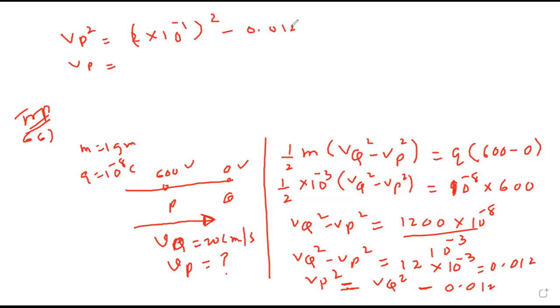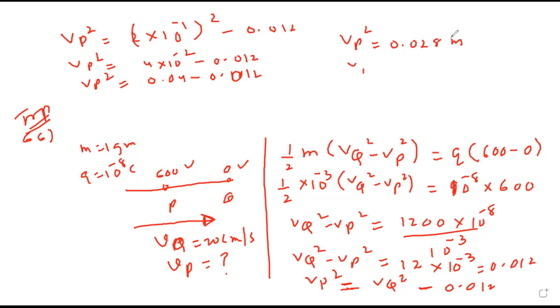So this will become 4 into 10 raised to minus 2 minus 0.01. Therefore vp square is 0.04 minus 0.012. So vp square is 0.028 meter. Therefore vp is root of 0.028. That is option A.